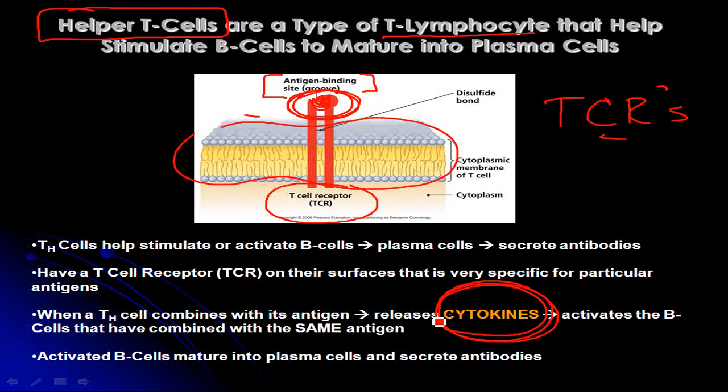Those are protein signals that the cells of your immune system send to each other to try to stimulate them, to try to make them better at doing their function, etc. So if the helper T cell sees that same antigen, it's going to release cytokines that will activate that B cell and cause it to specialize into plasma cells that secrete antibodies.